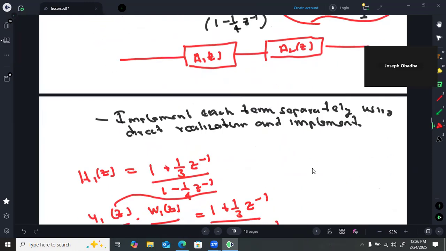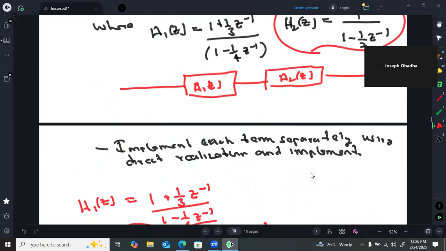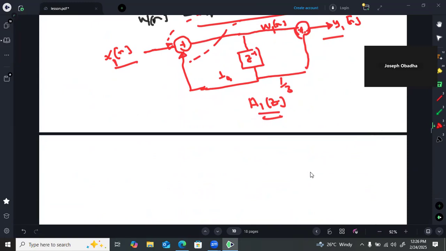H2(z) equal to 1 over 1 minus z minus 1. So I have H2(z) equal to 1 over 1 minus a half z minus 1. So actually here we may not need to use the intermediate variable since it doesn't have a numerator.